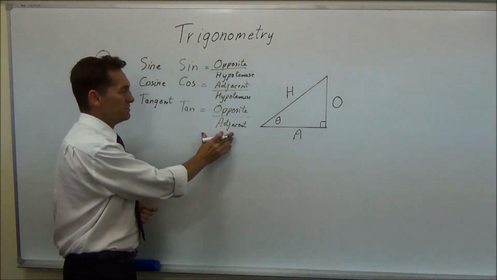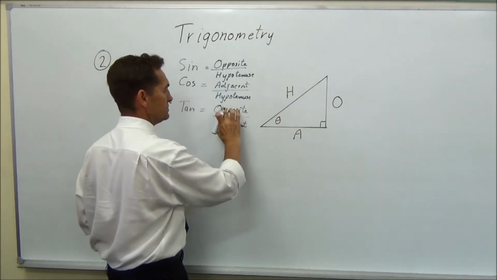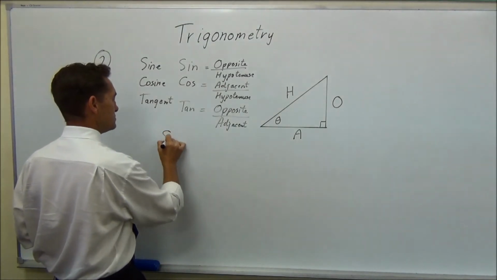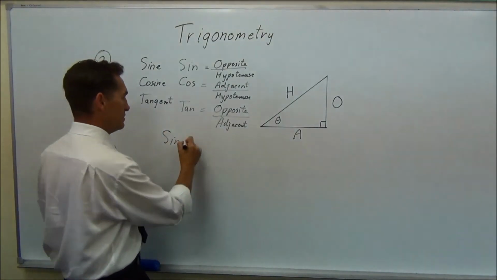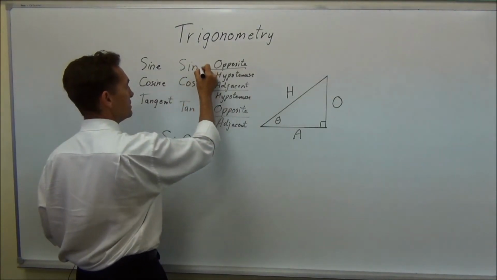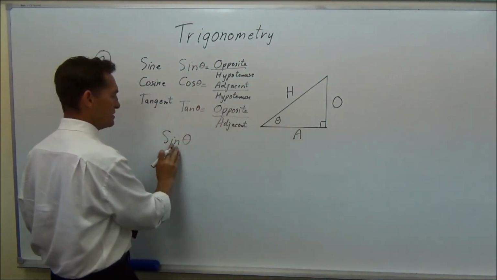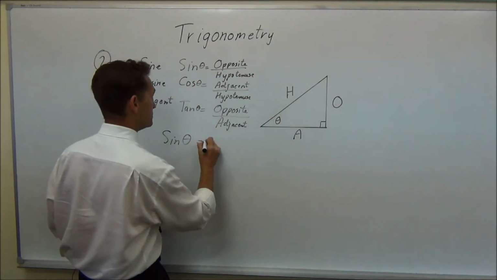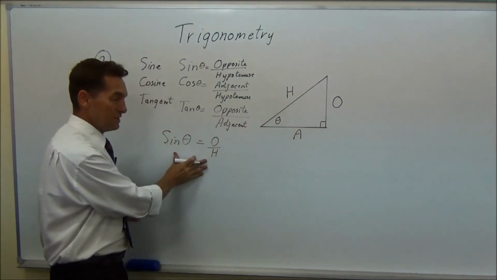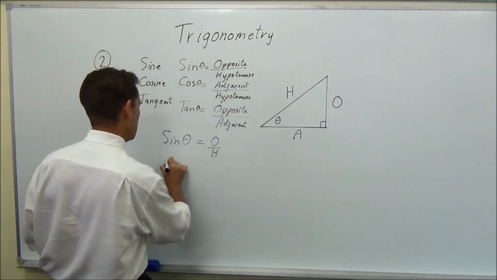And that's the next thing you learn. And then they ask you to simplify this by just using letters. So they would say sine theta, cos theta, tan theta. Sine theta equals O over H. And they get it simplified to that, so you're starting to learn an acronym.